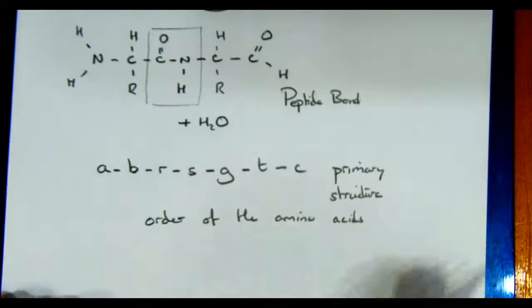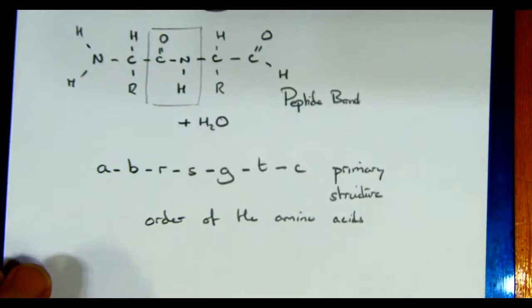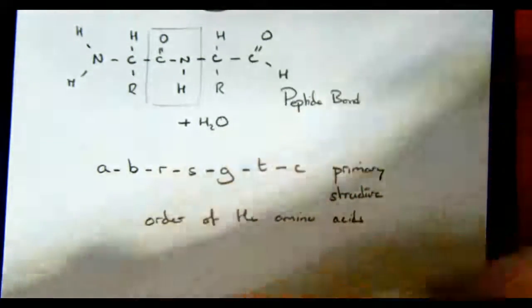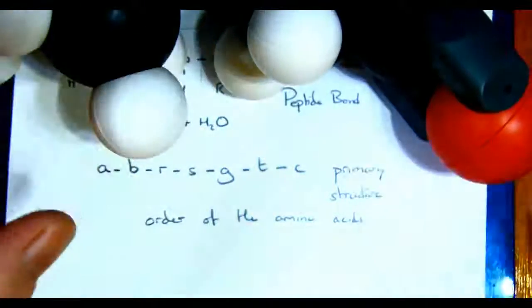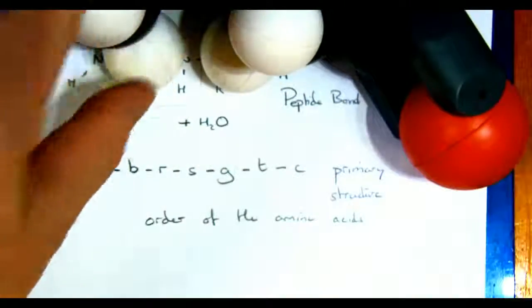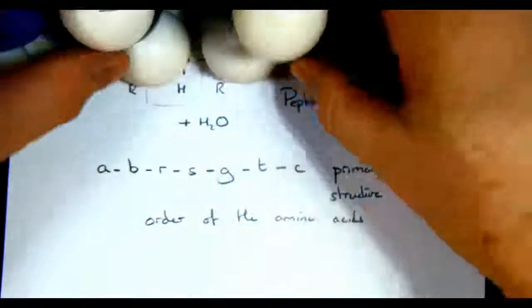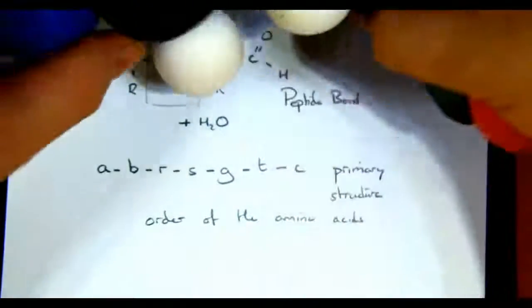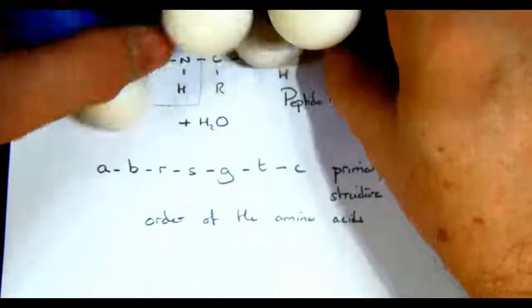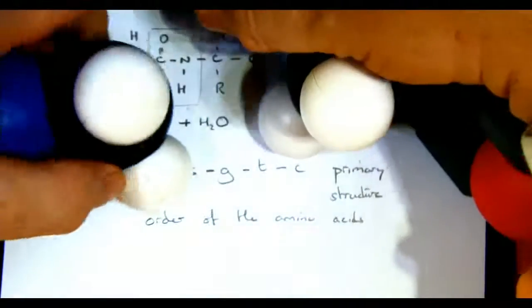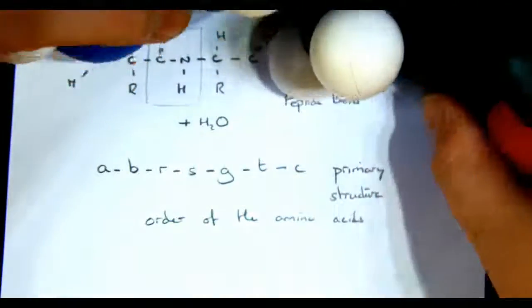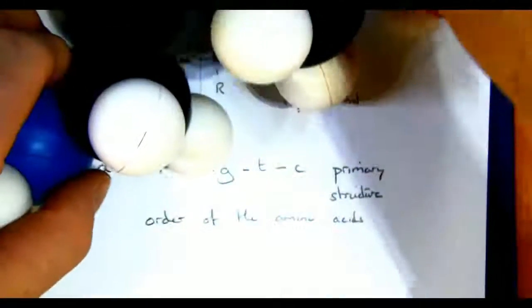Now, if we look at some of these amino acids, we can get some idea about what's happening. If I've got two glycines next to one another, they've only got small groups, and they could only have certain interactions with one another.